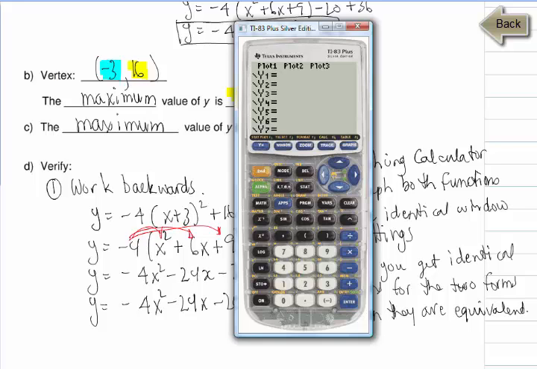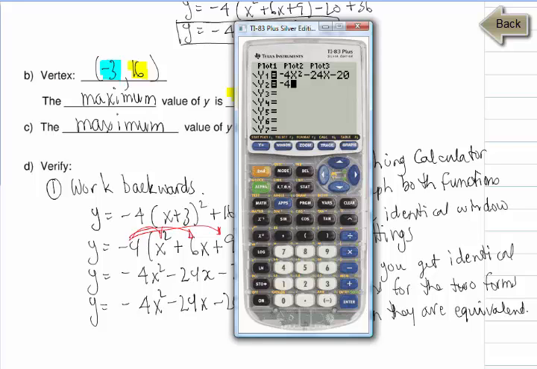Okay, y equals, okay, I will first put into the calculator the standard form. So negative 4x squared minus 24x minus 20. And then I'm going to put in my quadratic in vertex form.